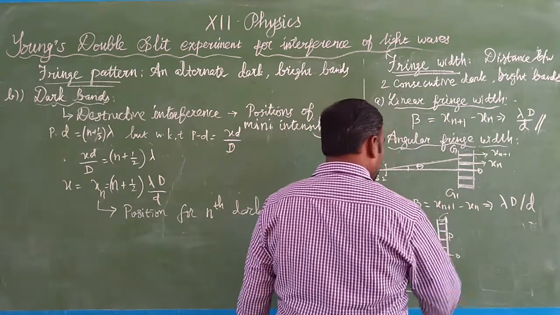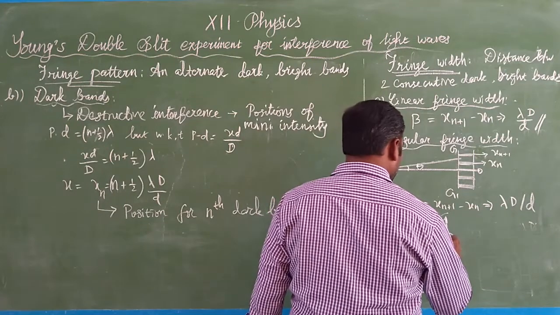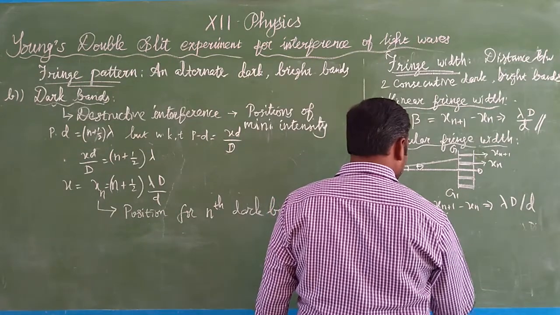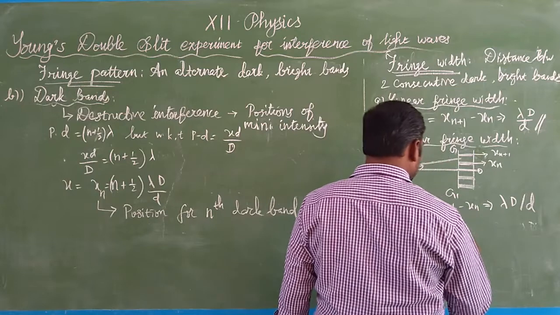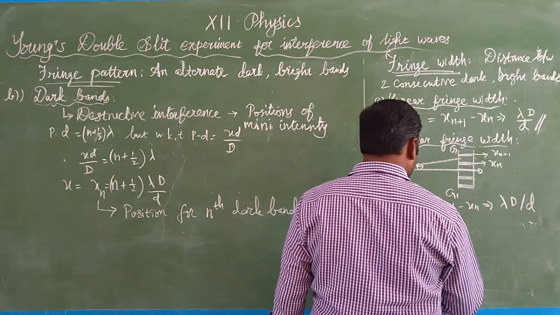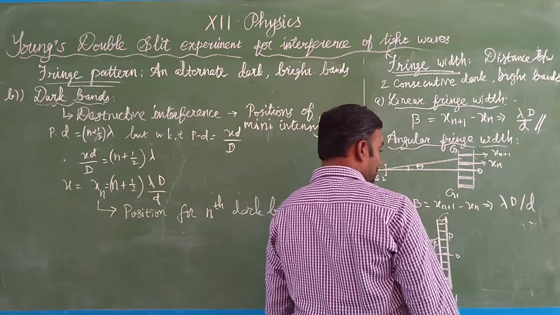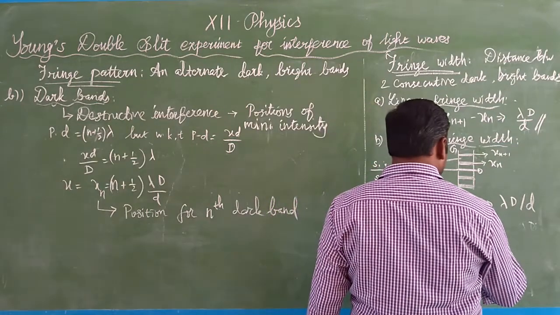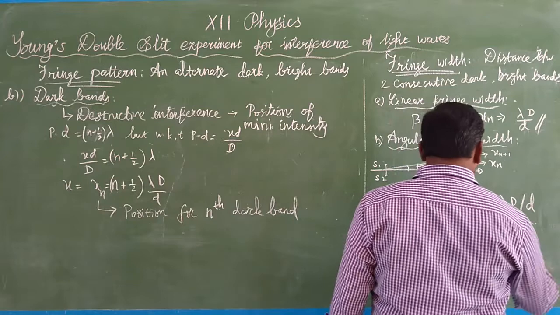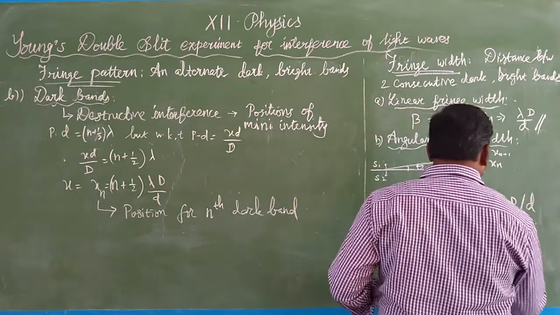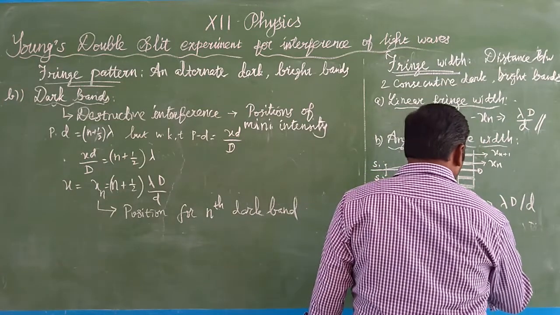From this we know, this distance is the bandwidth, beta. This distance is equal to beta, and this distance is equal to D. So angle theta, we'll use tan theta. Why do we use tan theta?